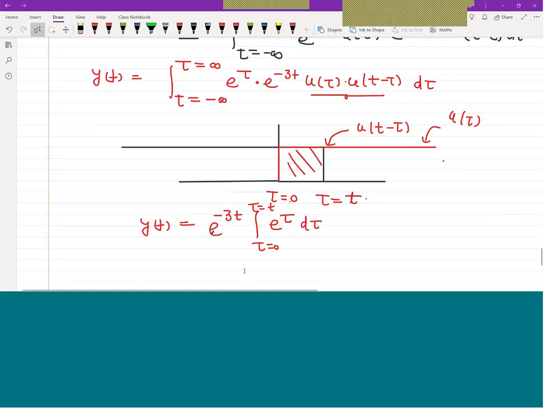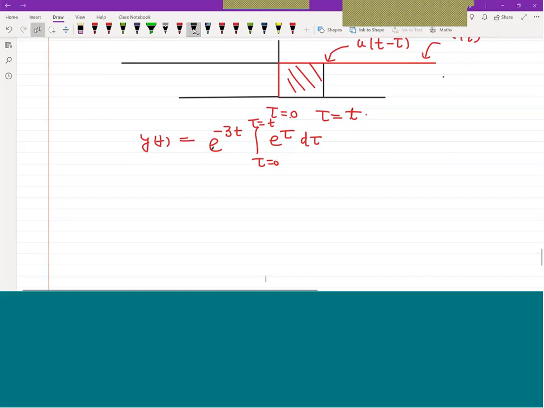Now y(t) can be written as e to the power minus 3t into the integral of e to the power tau from tau equal to 0 to tau equal to t.